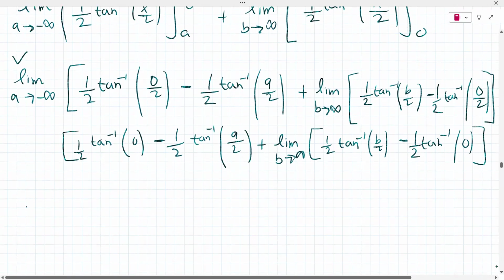So this is just going to be 0. Tan inverse of 0 is 0.